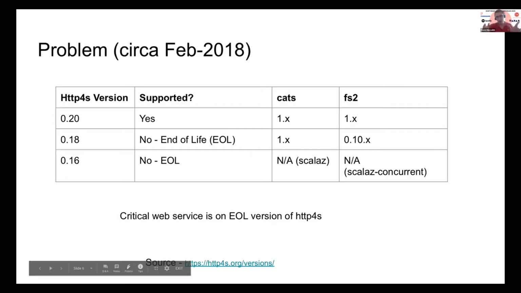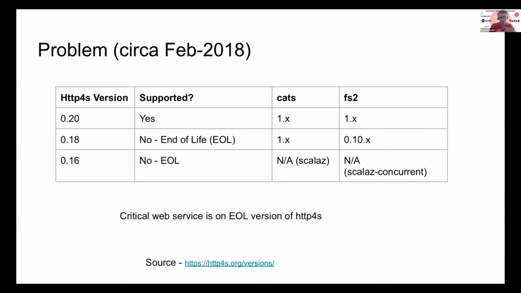Okay, so the problem, and this is from work I had done around February 2018. This table essentially lists the HTTP4S version, whether it's supported, and the Cats and FS2 versions that it depends on. The problem is that this critical web service, at February 2018, was on an end-of-life, so an unsupported, version of HTTP4S.